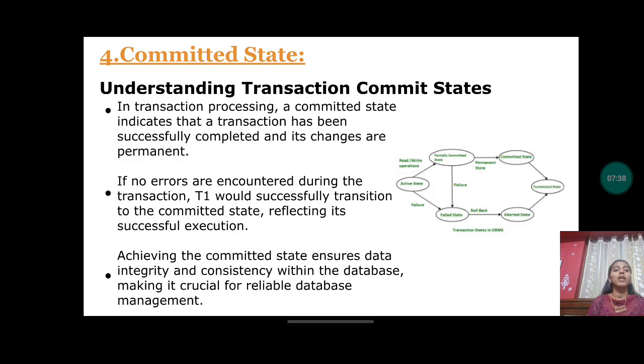If no errors are encountered during the transaction, T1 will successfully transition to the committed state. While transferring the money, no errors are encountered during the process. The T1 would successfully transition, and this transition is called the committed state, reflecting successful execution. It means the amount is safely transferred to the other account without any errors and fluctuations.